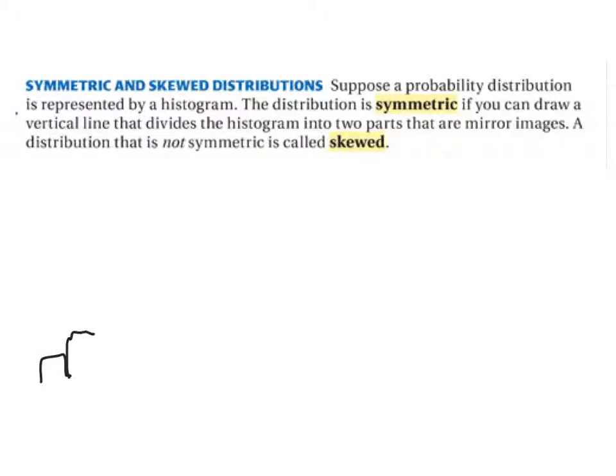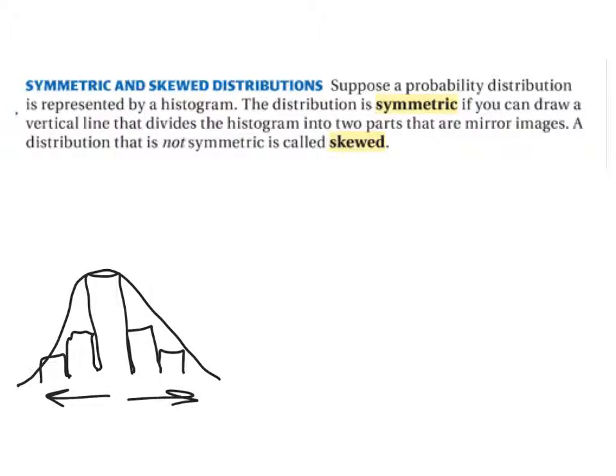If we have a bar graph, okay, symmetric, because I can draw a mound over it. It's very even left and right. What this is saying is I can draw a line through the middle and it's a mirror image of each side. That says mirror.